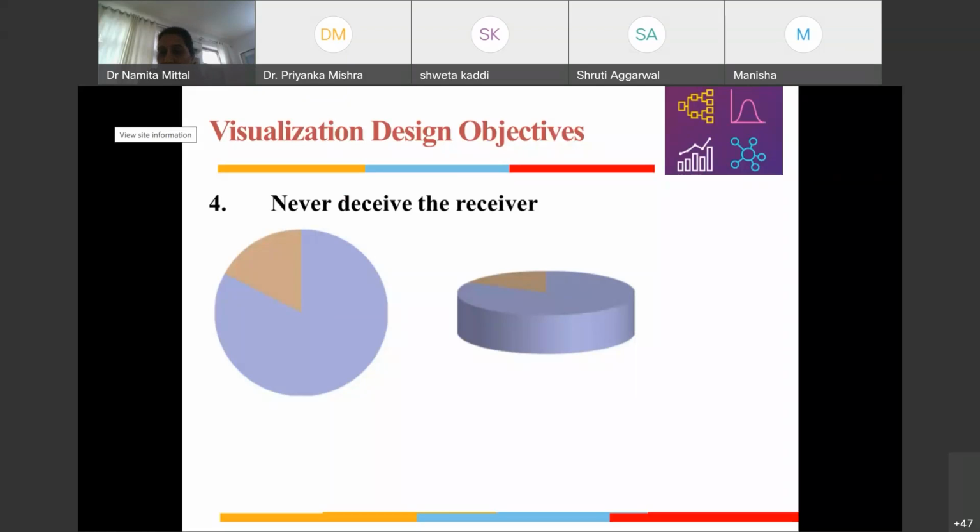While in the second 3D pie graph, we are not able to say what percentage the second slice is. From the 2D perspective, we can say it's around 15%, right? But from the 3D perspective, it's not visible. That is deceiving.